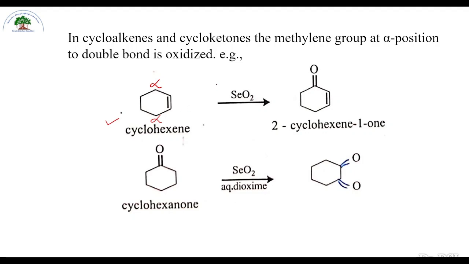When selenium dioxide is used in 1 to 1 quantity, it oxidizes one alpha position, and we get the carbonyl group at the alpha position with respect to this double bond, and the product is 2-cyclohexen-1-one. Cyclohexanone, when treated with selenium dioxide, converts this alpha position into carbonyl and we get this product.